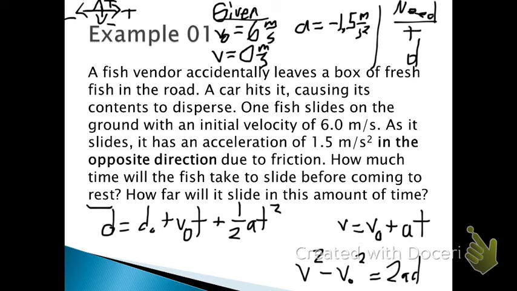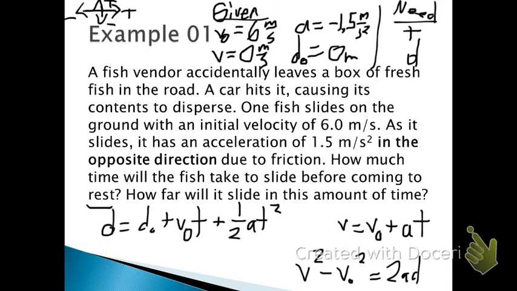Oh, another thing I can decide on, not only the direction of the vectors, is where is 0. And I'm going to say the fish started sliding at a position of 0 meters. Just to make life a little bit easier on myself. So, now I look at the equations I have a choice between, and what's going to be most useful? Well, my position equation, I don't know my final position, and I don't know time.